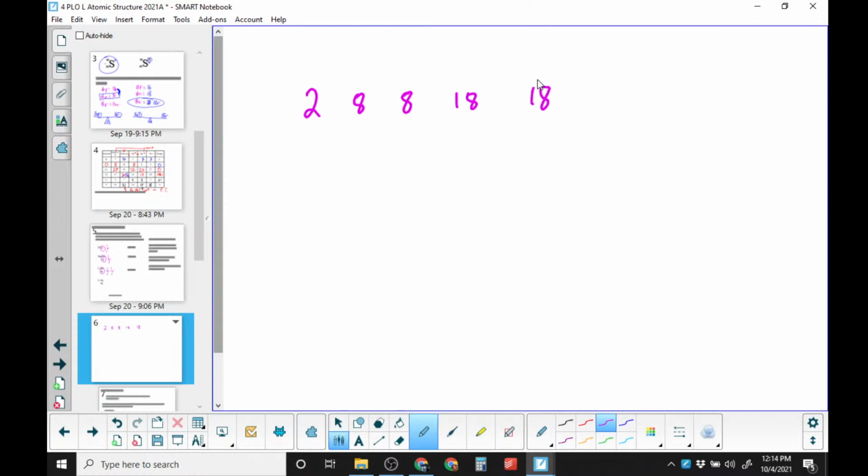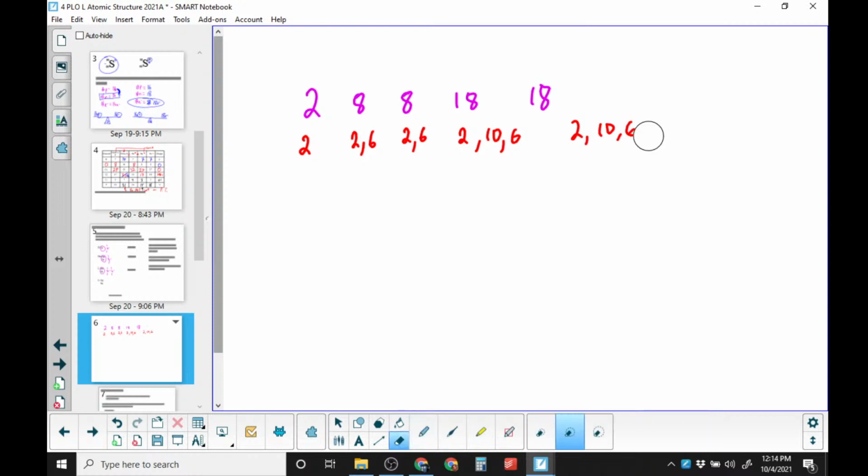That is what you've learned up until now. Very shortly, we'll be saying that this is 2, 2, 6, 2, 6, 2, 10, 6, and 2, 10, 6.